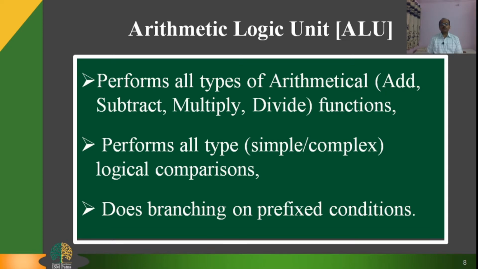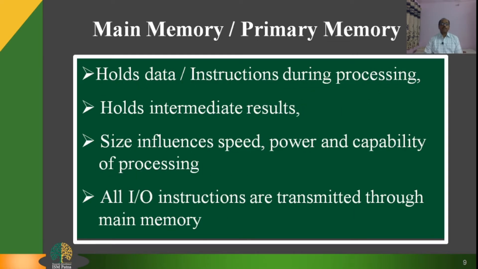It also does branching on predefined, or we may say prefixed, conditions. So all activities, whether arithmetical, relational or logical, are done inside the ALU. The primary memory or main memory is a memory which holds data or instructions during processing, and holds intermediate results also.